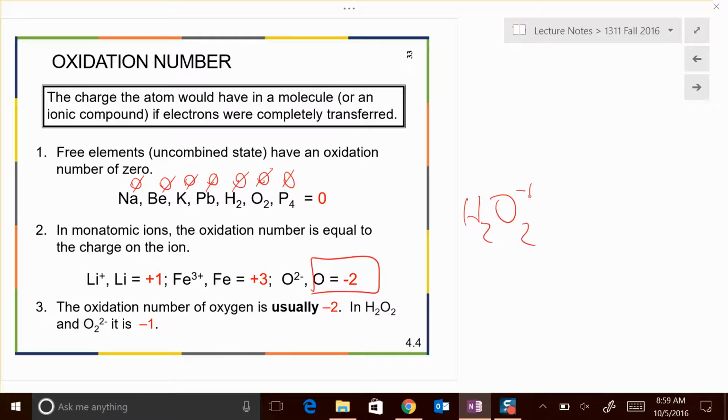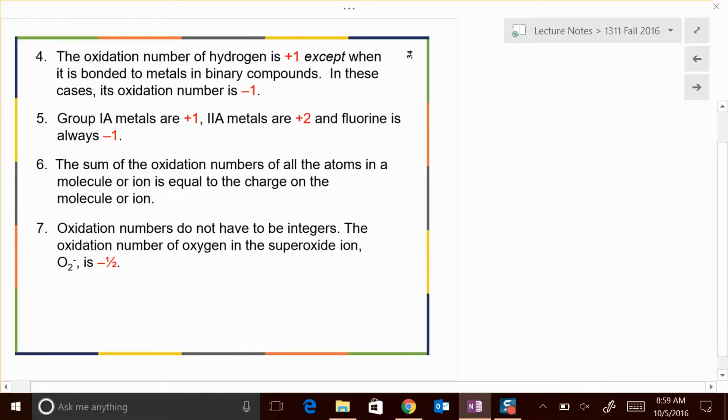So if it's an ion, we know its charge. It's a 3+ or a +1 or whatever its charge is, okay? The oxidation number of hydrogen is +1, so that's another thing we can rely on.